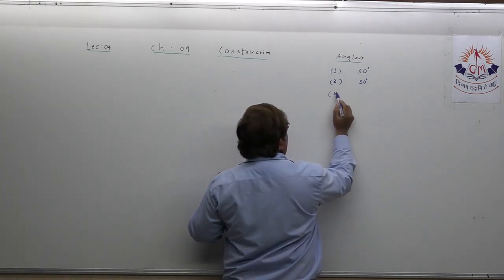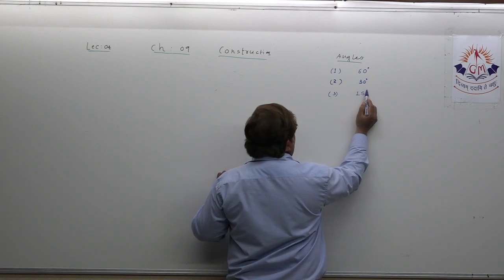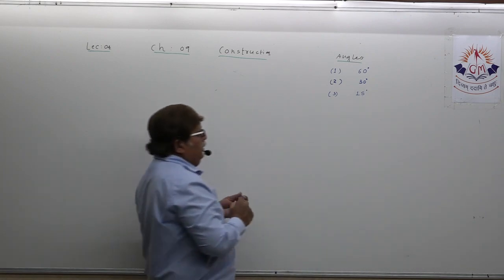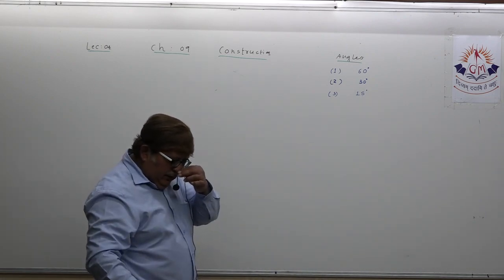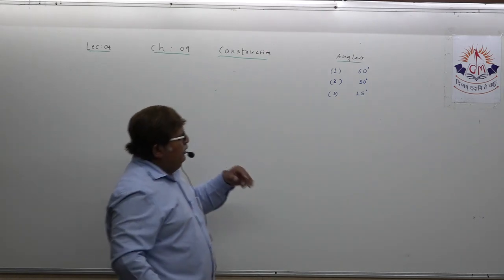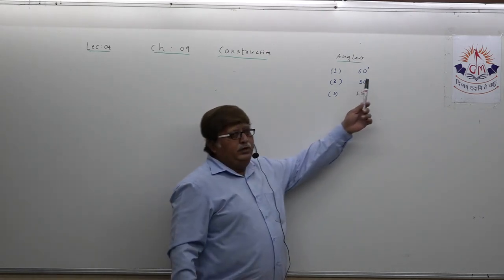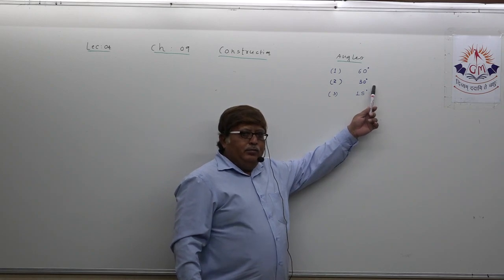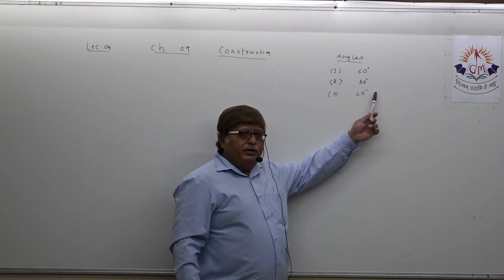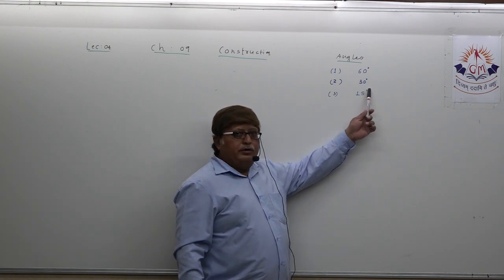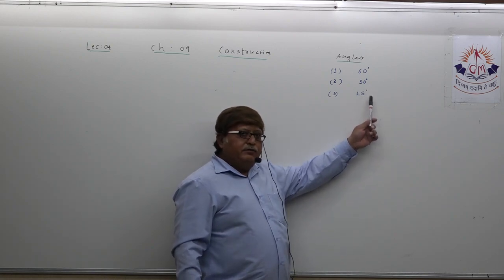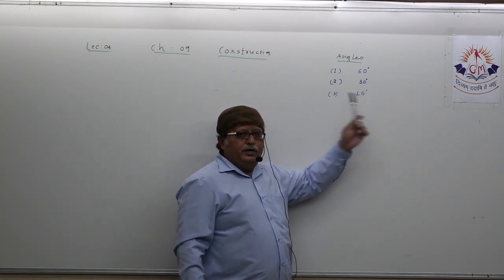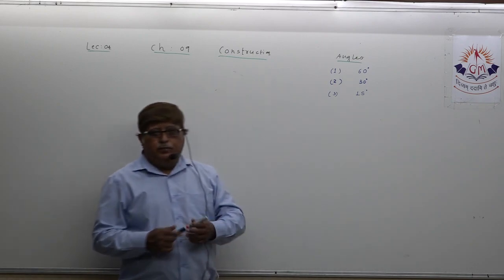Now we are targeting the angle of 15 degrees. So to construct the angle of 15 degrees, first we have to construct 60 degrees, then bisect it to get an angle of 30 degrees, then bisect it to get an angle of 15 degrees.